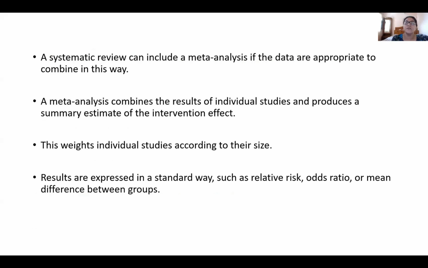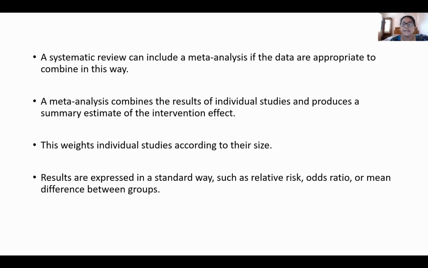A systematic review can include a meta-analysis if the data are appropriate to be combined in this way. For all systematic reviews, a meta-analysis may not be appropriate. So the data has to be appropriate for a meta-analysis. If it is appropriate, then we have to see whether the meta-analysis has been done or not.